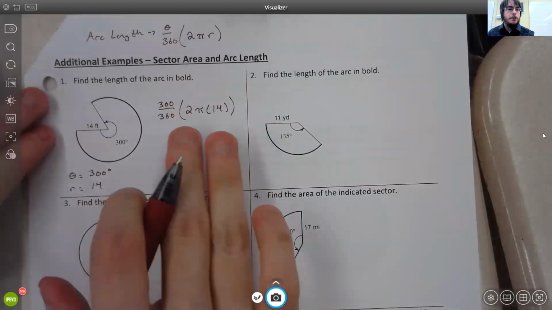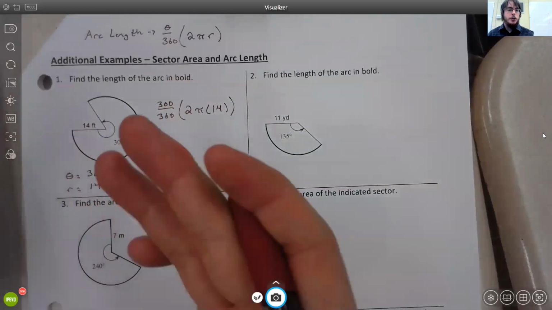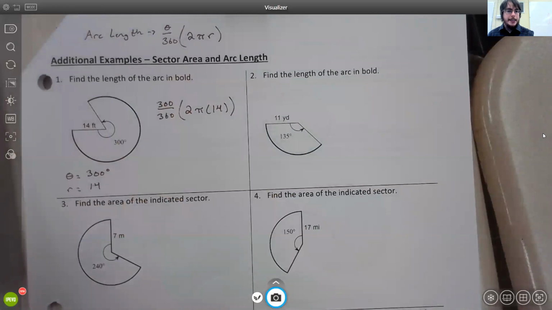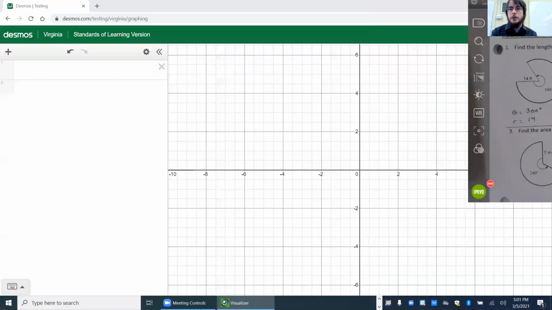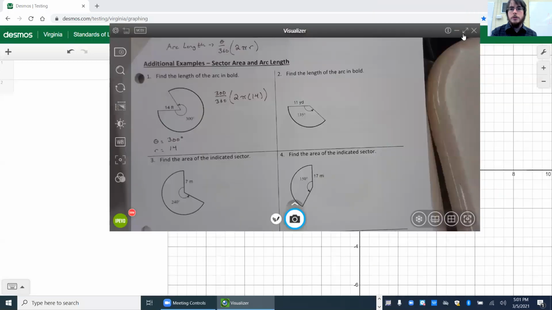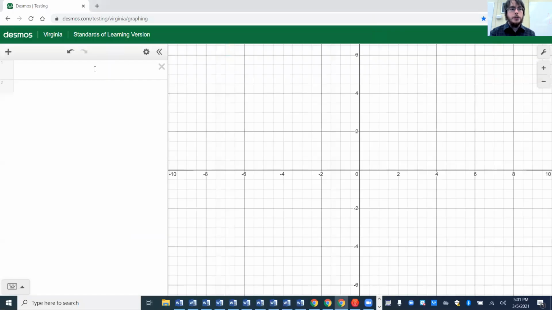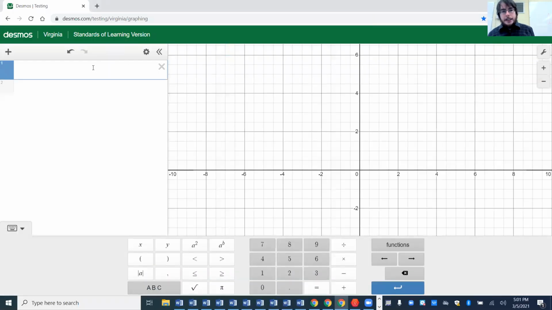And now we just simplify this. So we're going to do it both ways. We're going to do exact and approximate for these problems, just to show you how to do both of them. So if we go to Desmos, we're going to do the exact one first and then do our approximate.